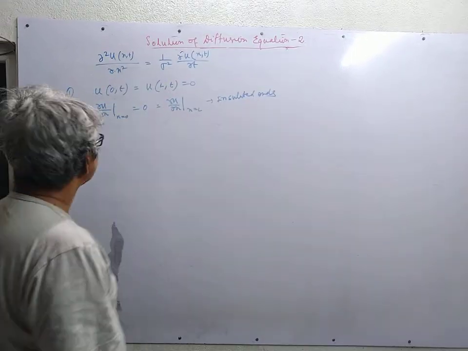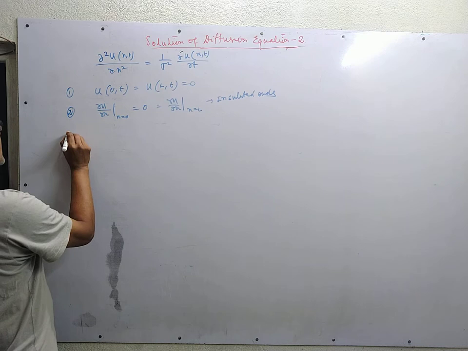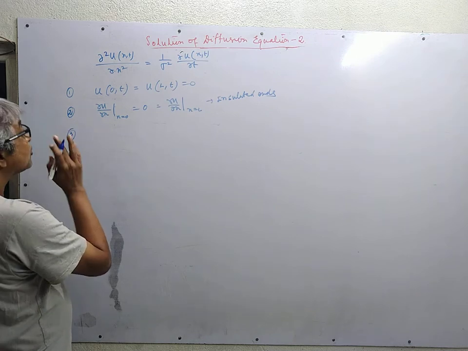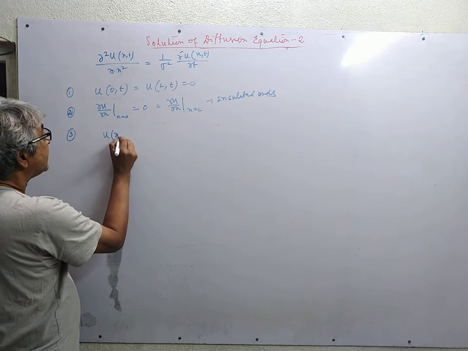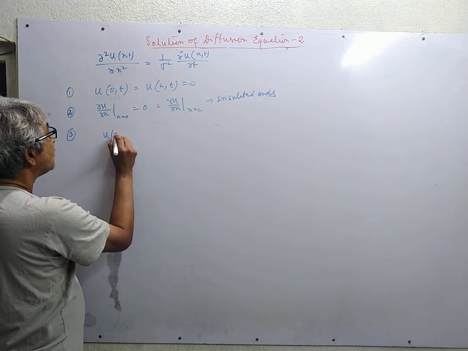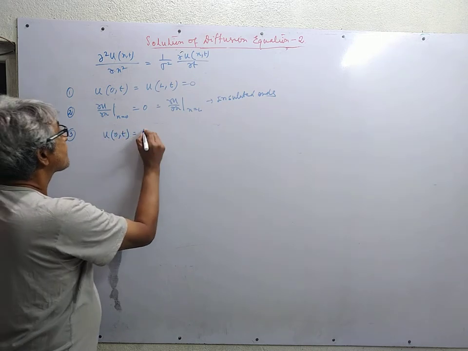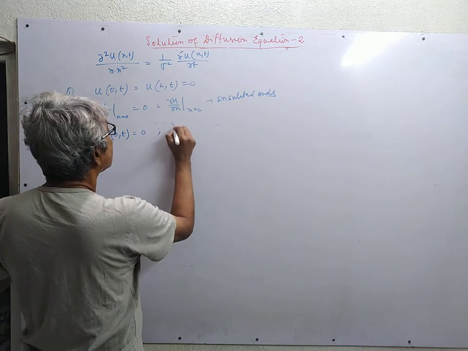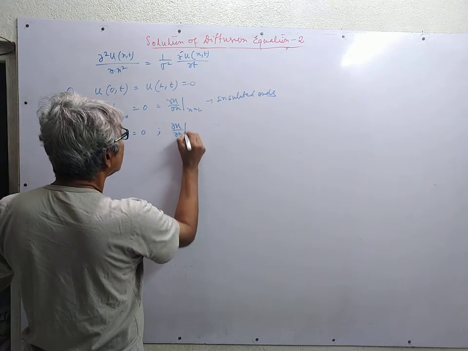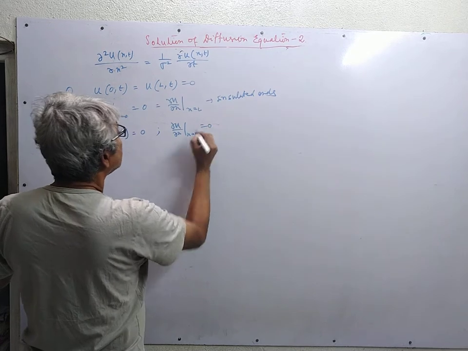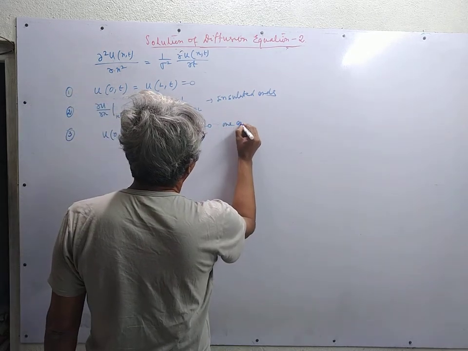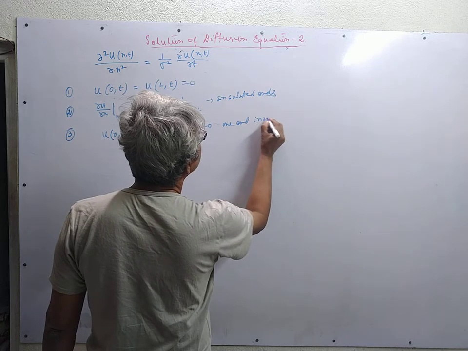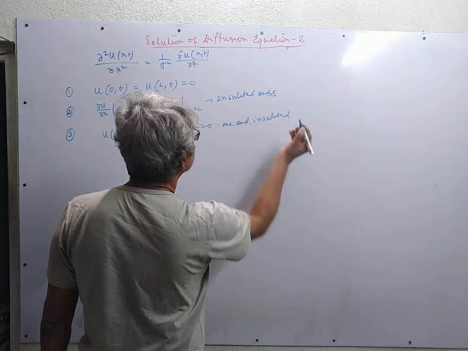Then we applied that one end is at a fixed temperature and the other end is insulated. This is one end insulated.